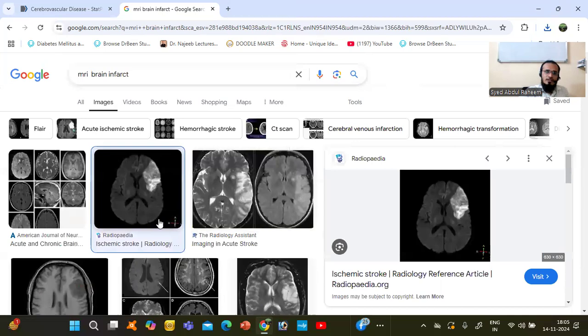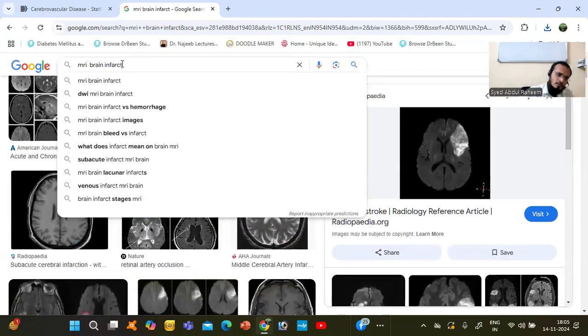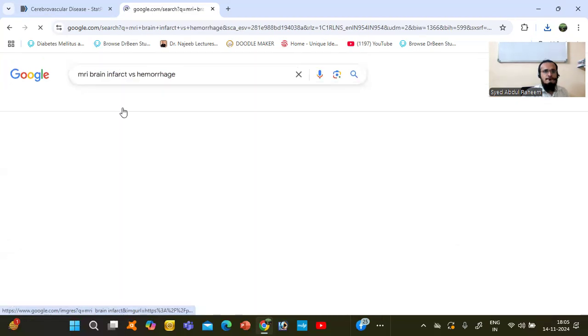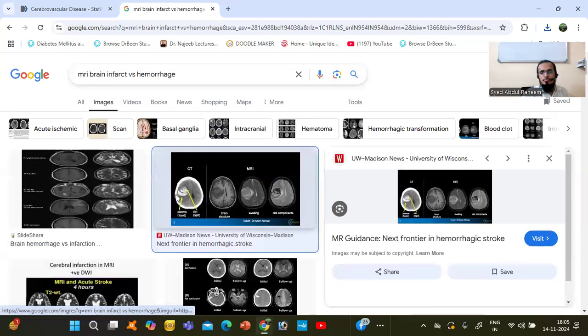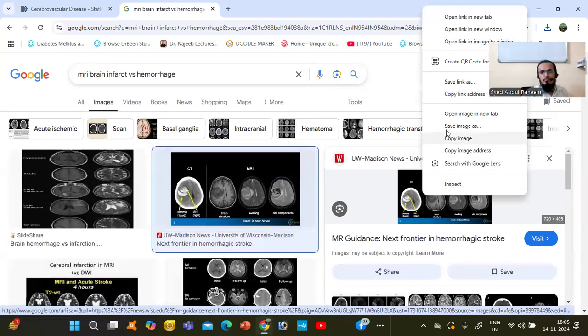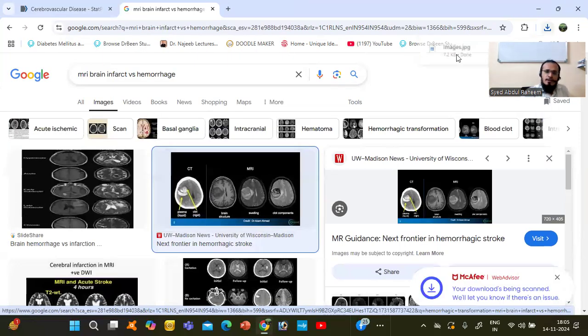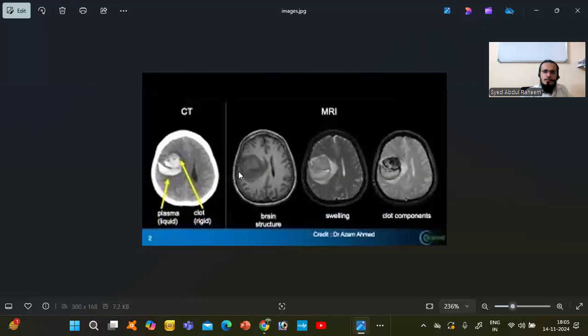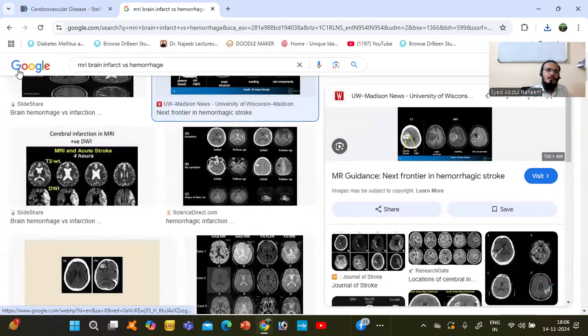This is the differentiation you have to understand. So this is MRI, CT. Clot or hemorrhage: here hemorrhage is in black color. So these are the differentiation between MRI and CT.